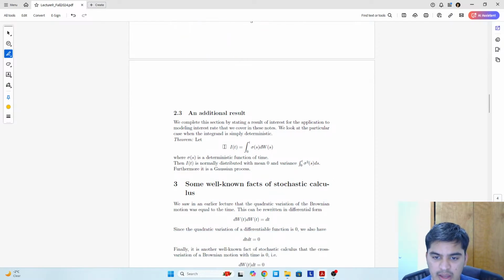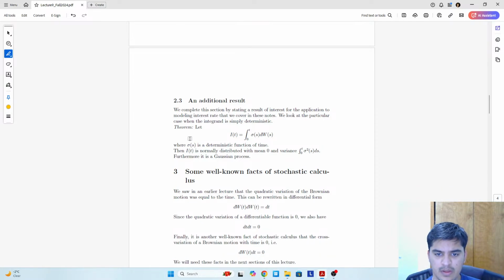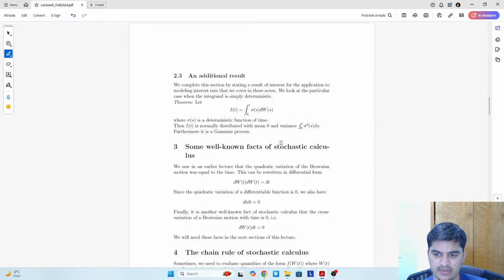Now let's look at some additional results of the Ito integral. There's a theorem related to it. Given this Ito integral, if sigma(s) is a deterministic function, then I(t) is normally distributed with mean 0 and variance equal to the integral from 0 to t of sigma squared(s) ds, with finite limits 0 and t.